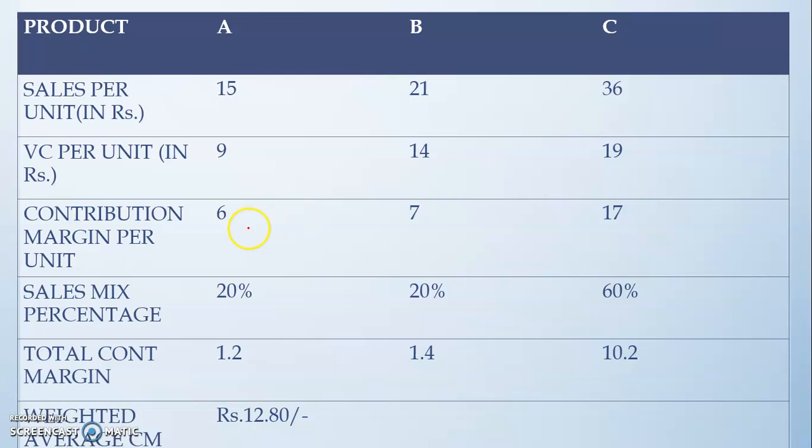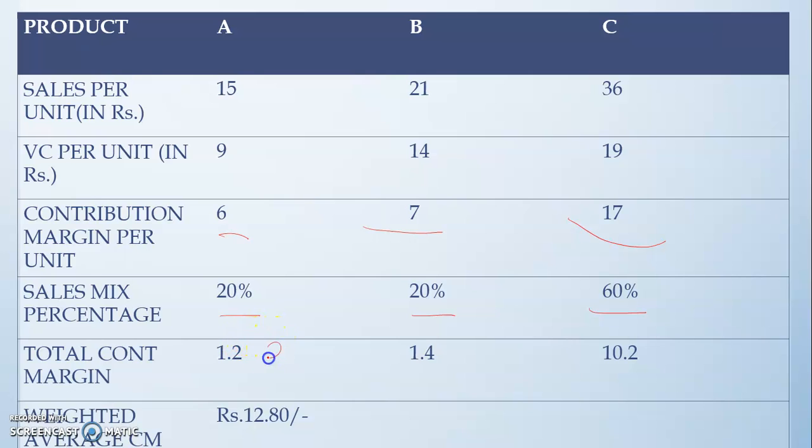So going back to the problem, we know that the contribution margin is 6, 7 and 17 respectively. The sales mix percentage is 20, 20 and 60. So what would be the total contribution margin?